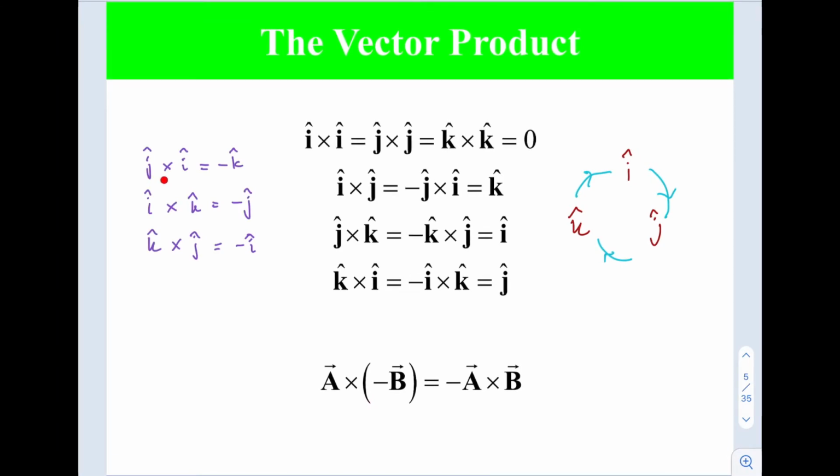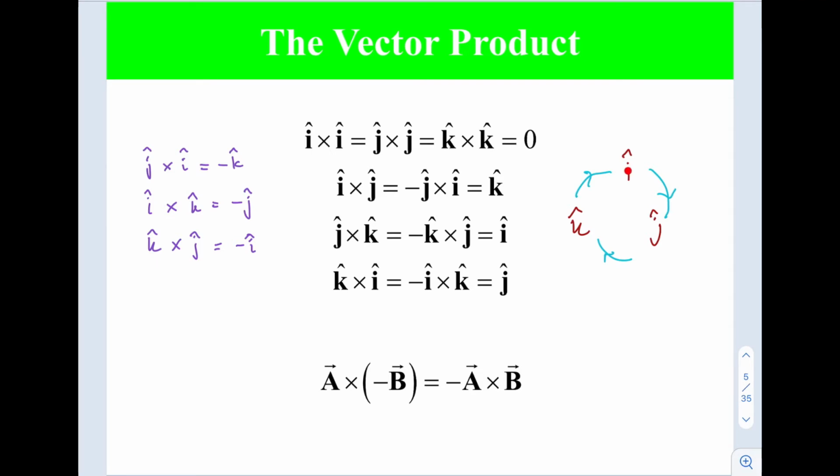How about if we have j cross i? If we have j cross i, it will give us negative k, because j cross i is in the opposite direction to this drawing or method. So j cross i gives us negative k. It goes the same for i cross j.